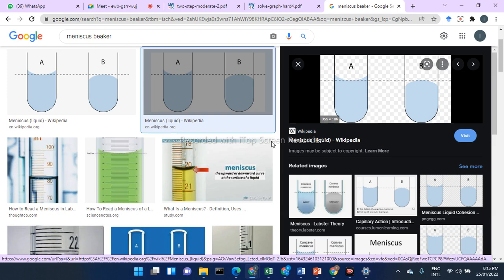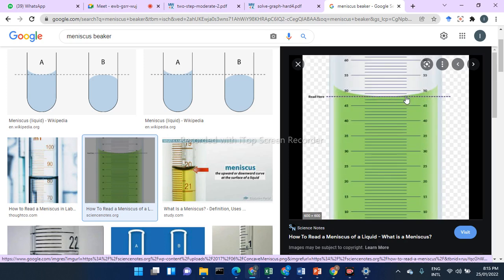All right. So for example, this one is teaching you how to read it. The measurement is not 50. Neither is it 49. What is the accurate measurement of this? 48.